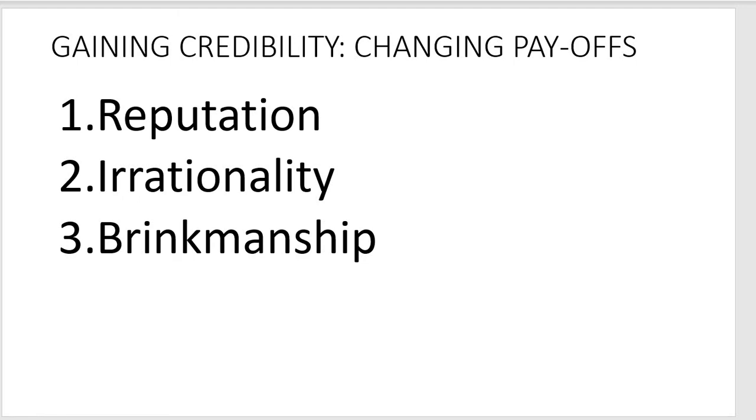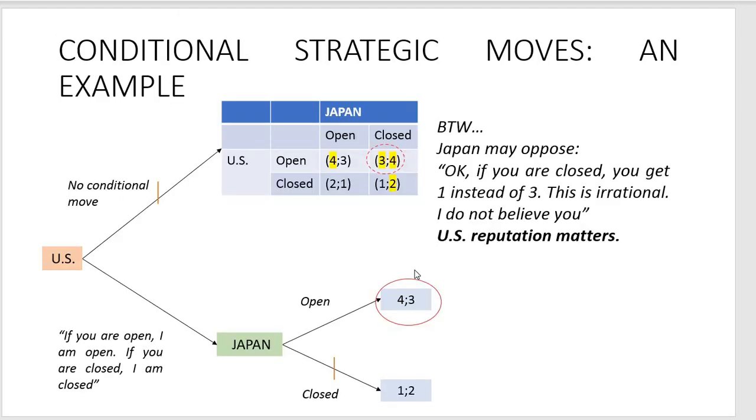Okay, brinkmanship. Again, we can get back to this example. This threat is too strong. Japan might simply not believe that the United States will go for such a radical action.